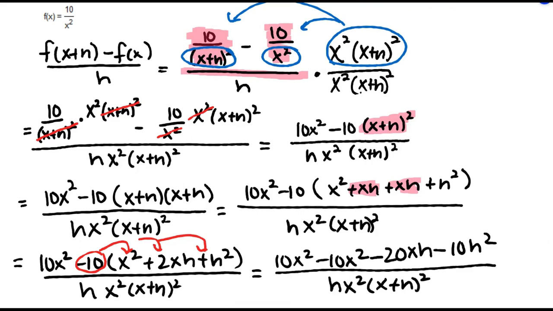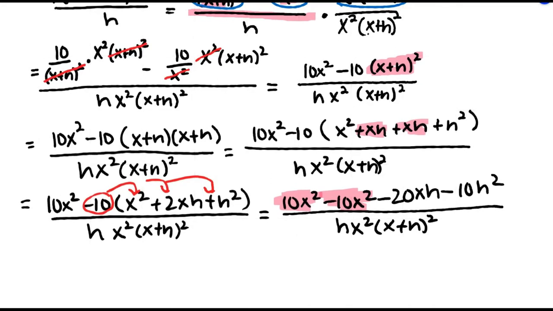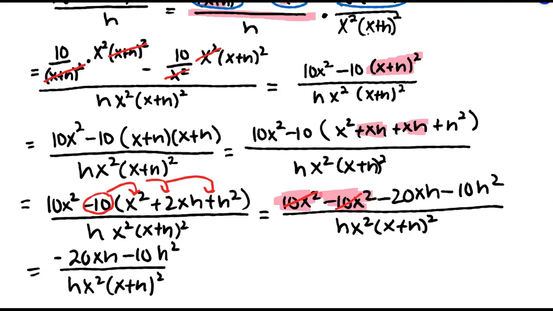So now we're going to be able to cancel out these like terms of positive 10x squared and negative 10x squared. So those cancel, leaving me with negative 20xh minus 10h squared over hx squared times x plus h squared.